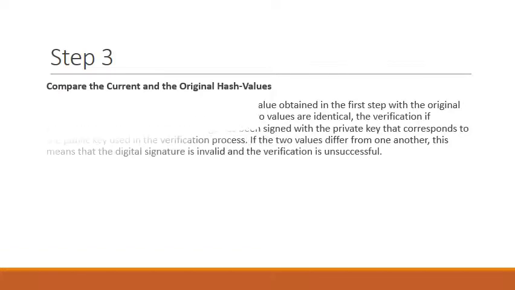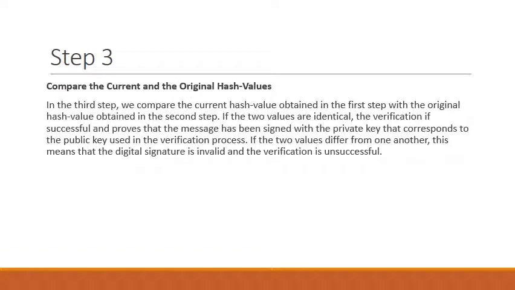The third step is to compare the current and original hash values. This is what I just explained: the original hash value is obtained from the second step and the current hash value is taken from the first step. If the two values are identical, the verification is successful.